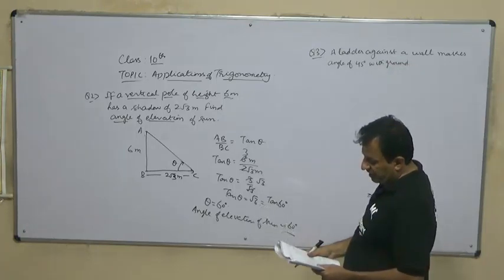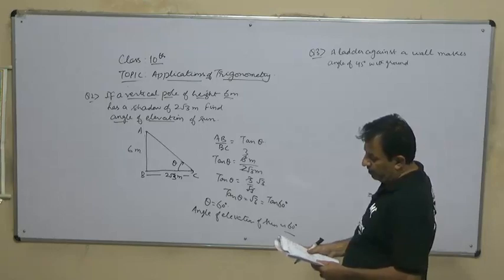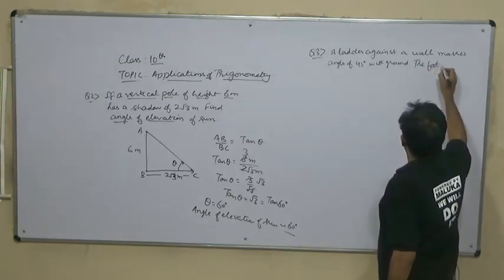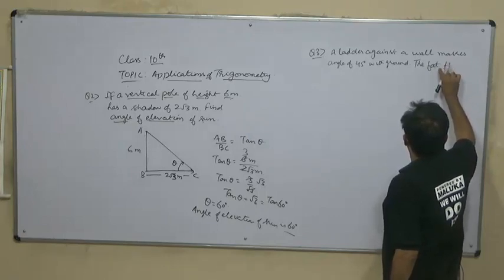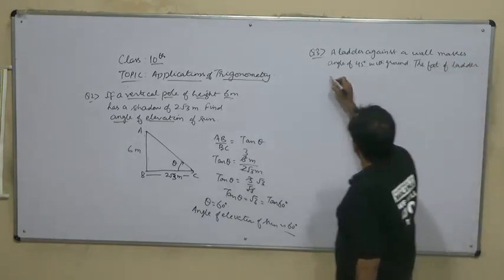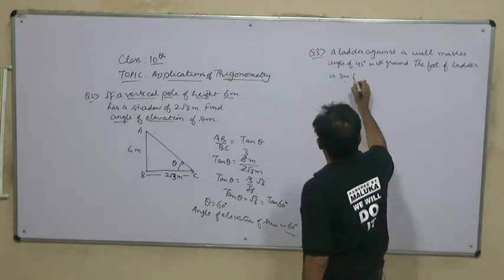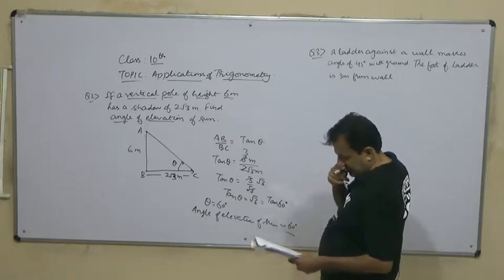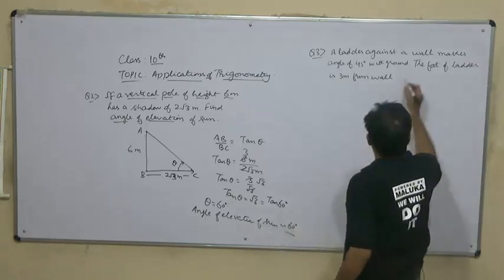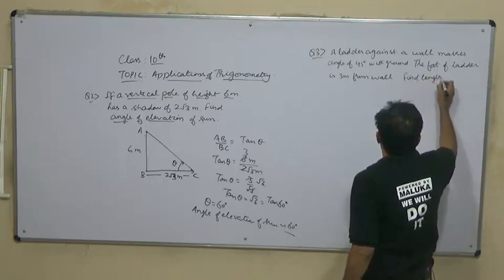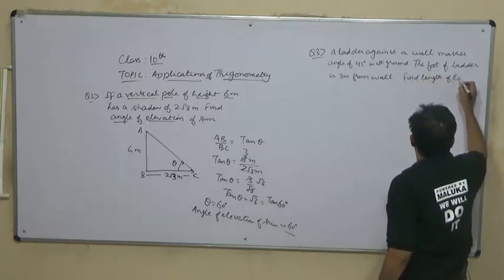The foot of the ladder is 3 meter from the wall. Find the length of the ladder.